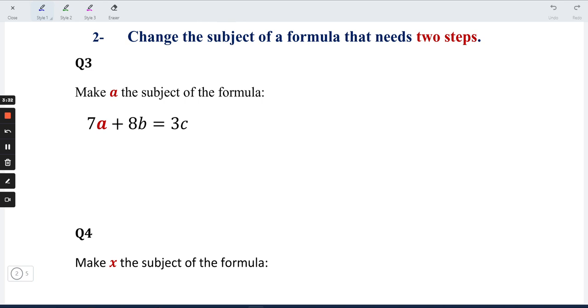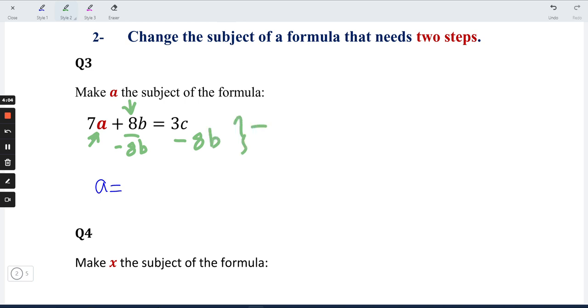So they need us to write A in terms of B and C. So we need 2 steps, as we said before. First of all, our target is A. In 7a plus 8b, first I have to eliminate 8b. 8b is a plus, so the opposite operation of addition is subtraction, so minus 8b from both sides.